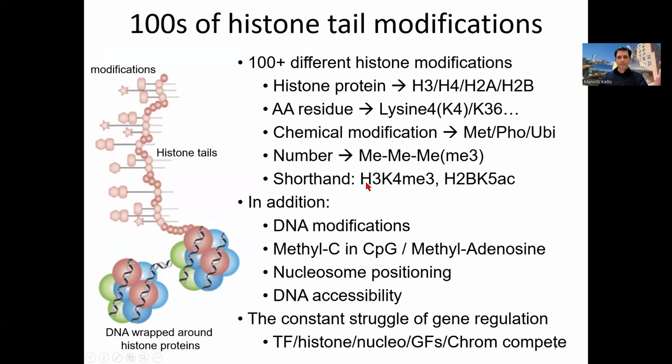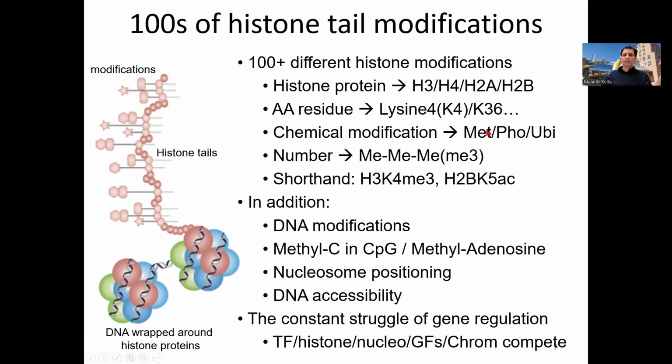What the heck does that mean? H3 means that from all of the proteins, so there's H2A, H2B, H3, H4, it's histone H3. Everybody here? Then which residue? It's lysine, which is K, at position 4, 1, 2, 3, 4, or lysine at position 36, 1, 2, 3, 4, all the way to 36. Everybody with me here? And then what do you add to it?